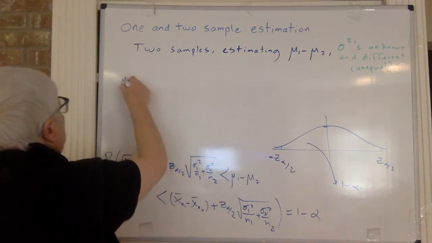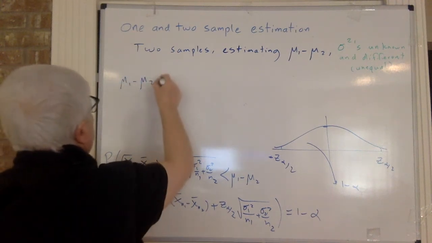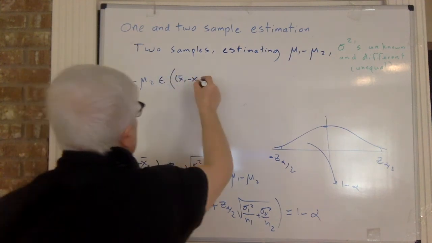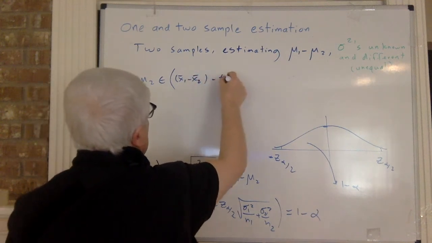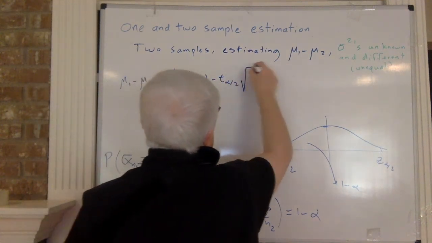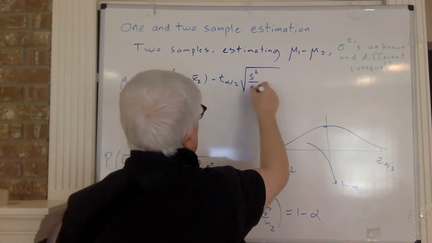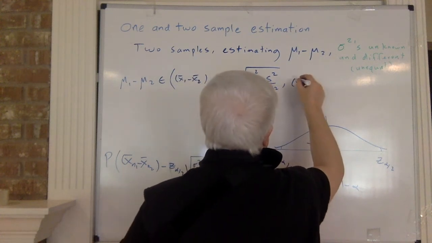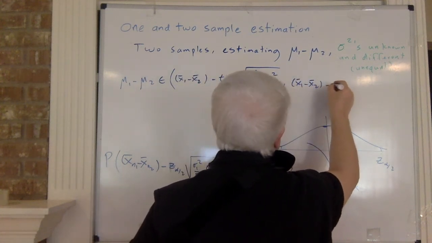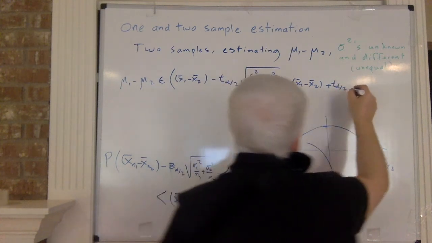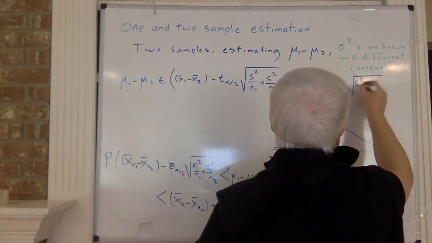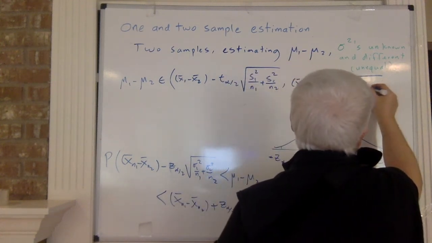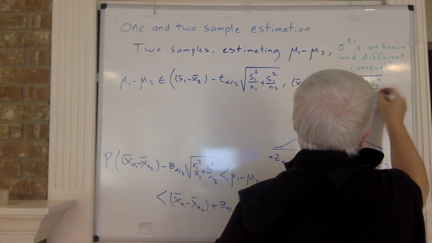So mu1 minus mu2 will be exactly the same up to this point. Then I have t alpha over 2, the same, except here I have s1 squared over n1 plus s2 squared over n2, and x bar 1 minus x bar 2 plus t alpha over 2 times the square root of s1 squared over n1 plus s2 squared over n2.